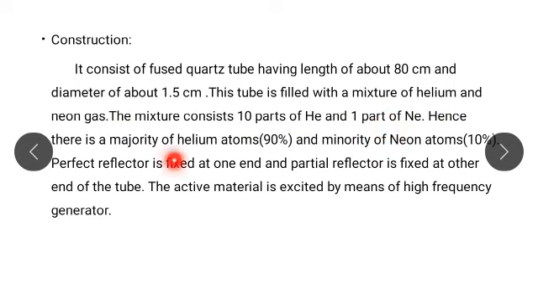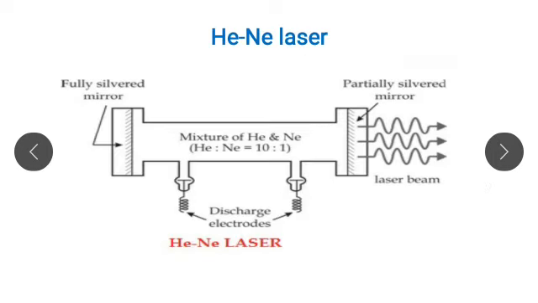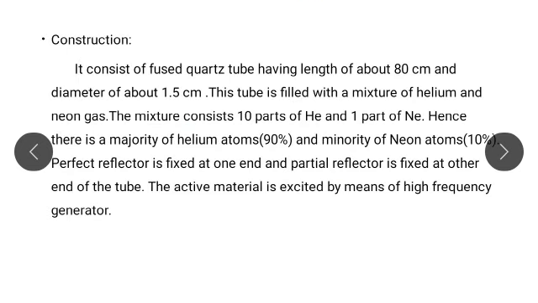Hence there is a majority of helium atoms, that means 90%, and a minority of neon atoms, that means 10%. And here a perfect reflector is fixed at one end and a partial reflector is fixed at the other end of the tube. The active material is excited by means of a high frequency generator. So these are the discharge electrodes.